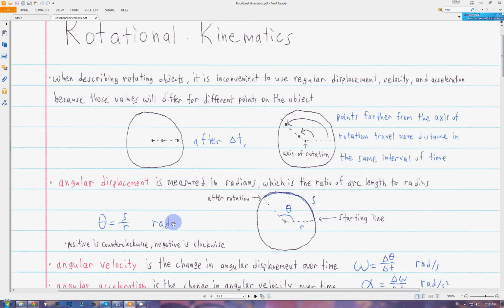But we put a rad here just so we don't get confused. And the convention for all of these angular quantities is that the positive direction is counterclockwise and the negative is clockwise.